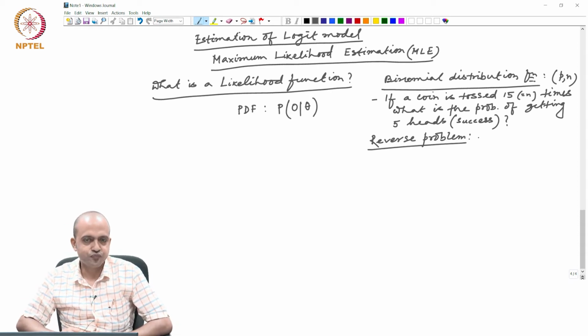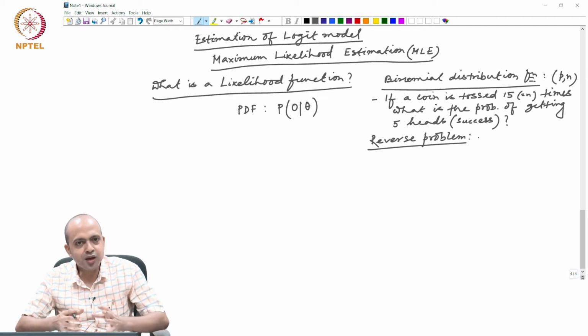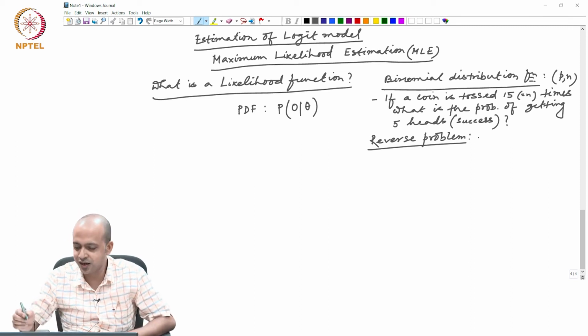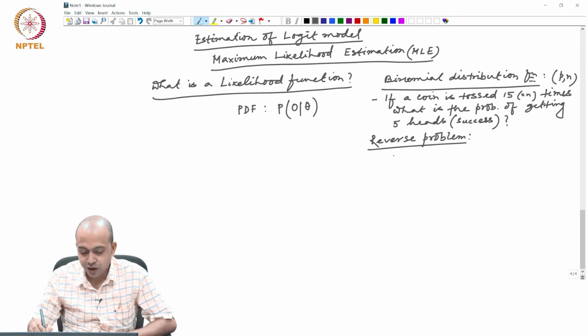Reverse of this, that means I know in my sample how many trials I have made, let us say 15, okay. That means let us say I am asking 15 individuals. So, my sample size n is 15. So, the reverse problem is n is known, that means sample size is known.